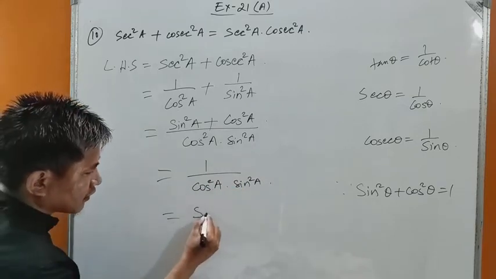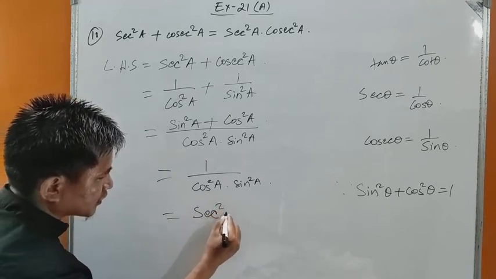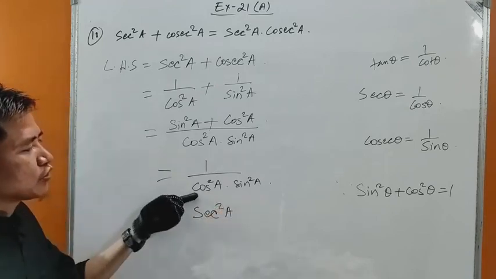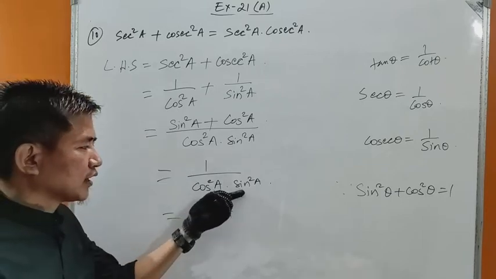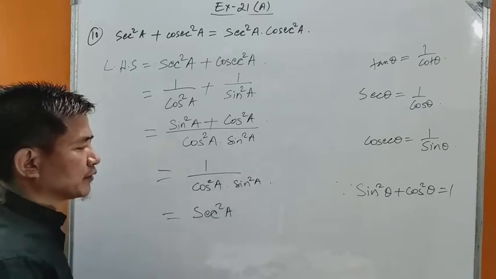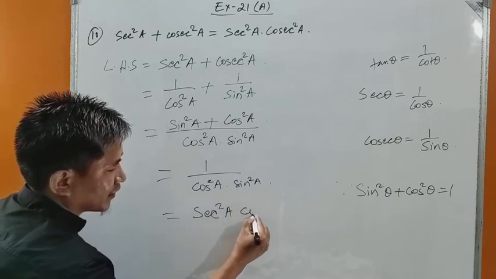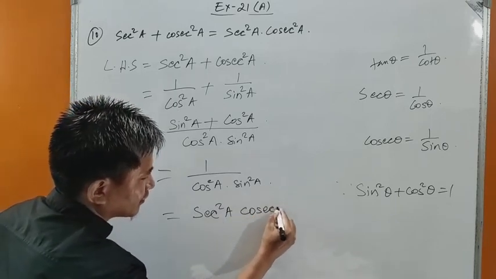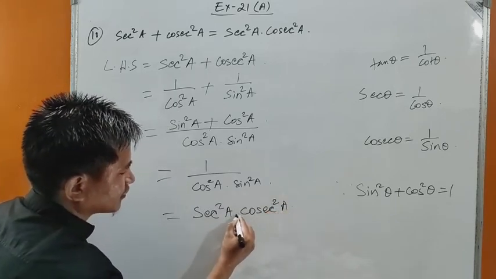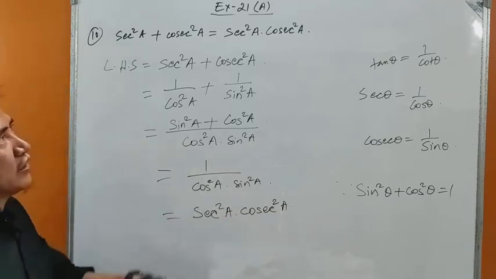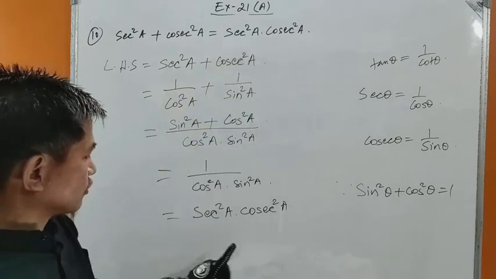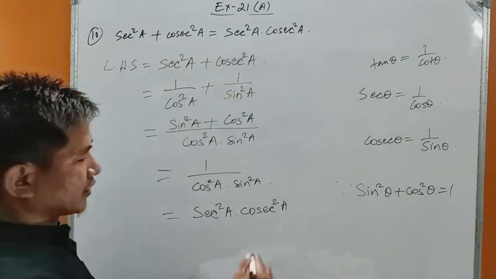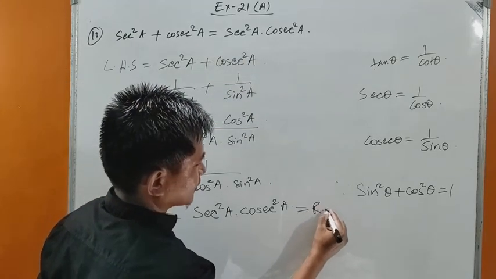It becomes sec square A, because they are the reciprocal of each other. And this sin square A, if you take to the numerator, it becomes cosec square A. Dot means into. So in the right hand side, we have sec square A into cosec square A. So this equals the right hand side.